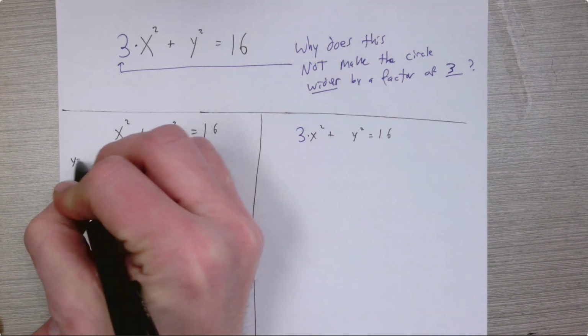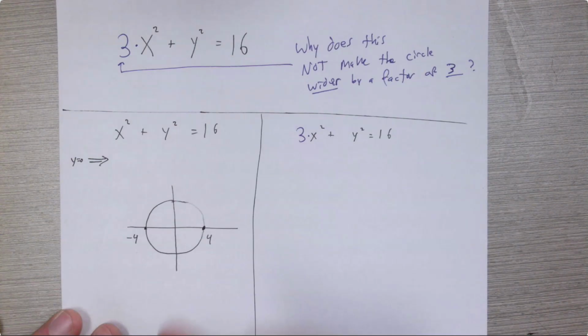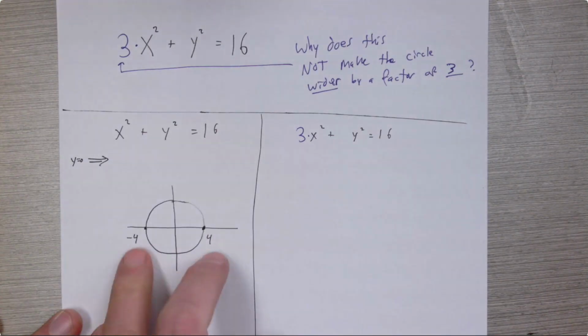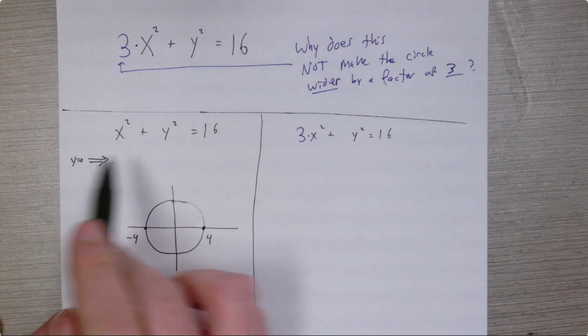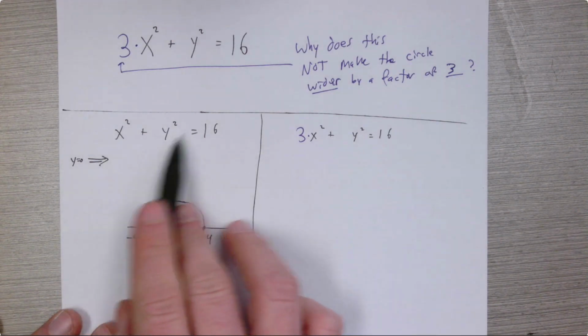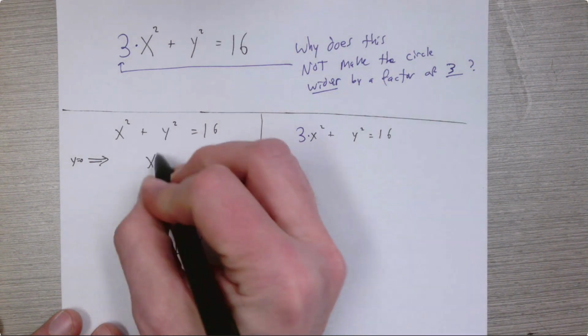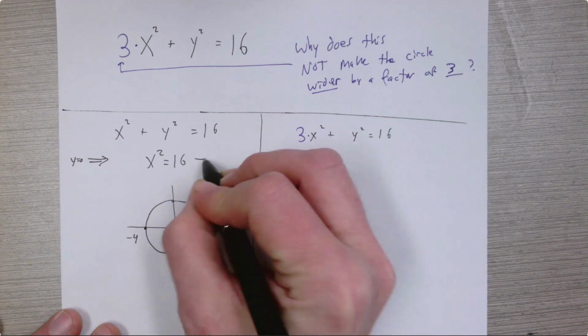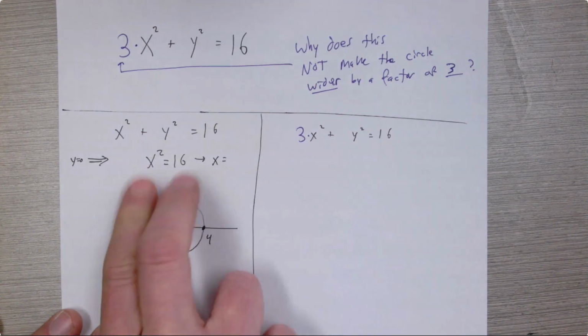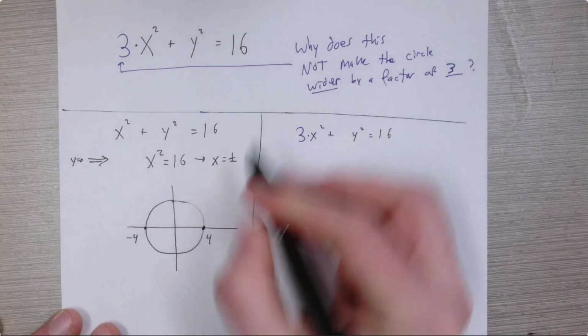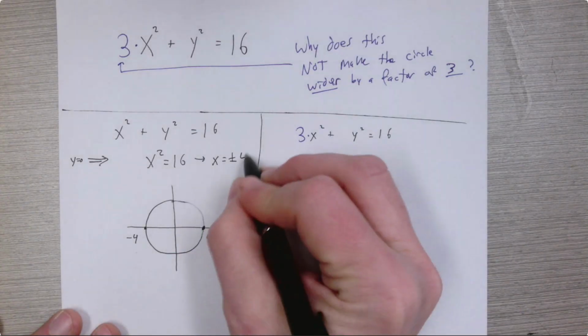So let's plug in y equals 0 and actually watch how the equation calculates those values. If I plug in y equals 0, I have x squared plus 0 equals 16. And when I take the square root of both sides, that gives me x is plus or minus the square root of 16, which is 4.